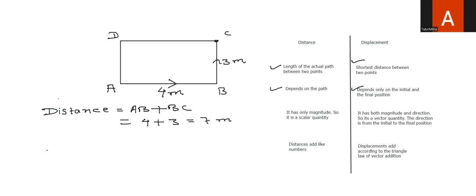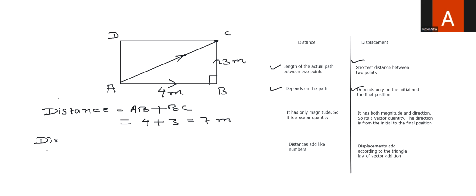And when it comes to displacement, we simply join the initial and the final points, A and C. So this is our displacement. We can use Pythagoras theorem for this.